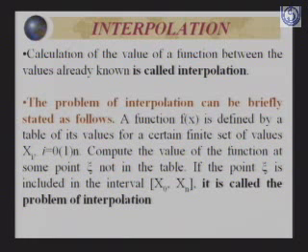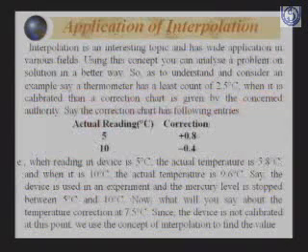That is, for every value xi you have some function value f(xi), where i varies from 0 to n at intervals of 1. Now to compute the value of the function f(x), say you find a value x which is not in the table. How could you find this value, which lies in between x0 and xn? To find this value, you are supposed to use the concept of interpolation.